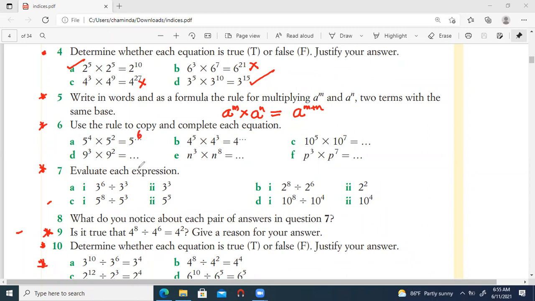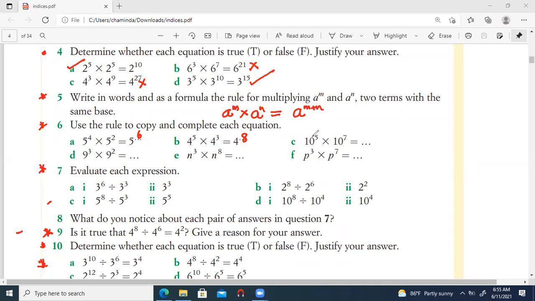The answer is 5 to the power 6. Is it correct? Yes, sir. B, 4 to the power 5 times 4 to the power 3. The answer is 4 to the power 8, because we have to add indices in multiplication of powers.